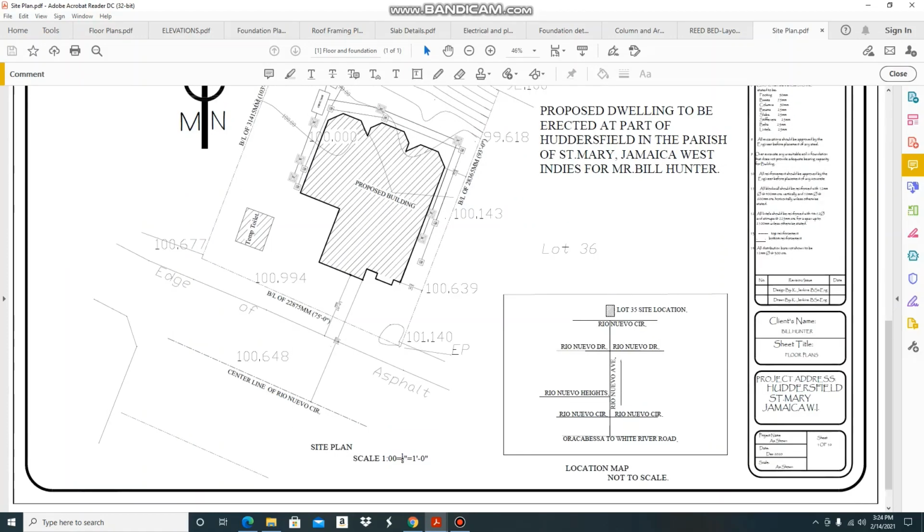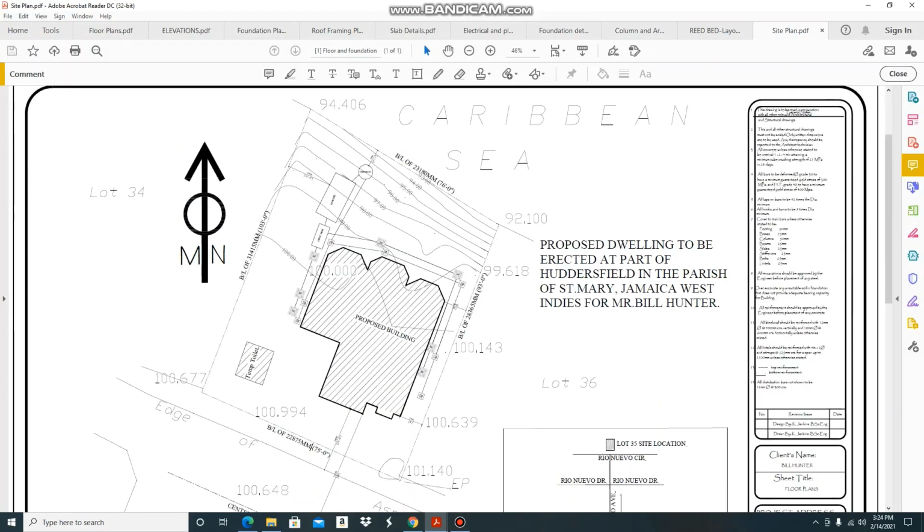Okay, so over on the right hand side of this drawing here is your general notes. Okay, and I can't stress this enough, but you must always try to read through your general notes very, very thoroughly, because it contains relevant or pertinent information as it relates to the type of material that is supposed to be used, the strength of the material that you're supposed to use, as well as other important aspects as it relates to the drawing.